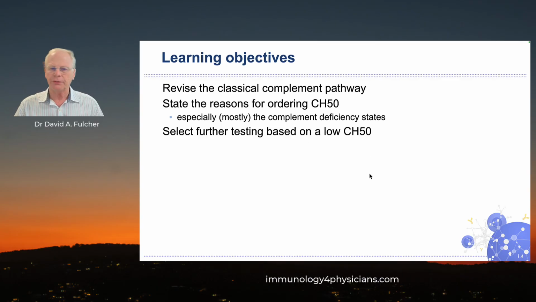If you come back with a low CH50 in someone who you suspect may have complement deficiency, you can then go on to do further testing, and I outline what that might be in the primer, but basically it's to do other things like AH50, measure the individual components separately, or perhaps genetic testing once you've narrowed down where the defect lies.